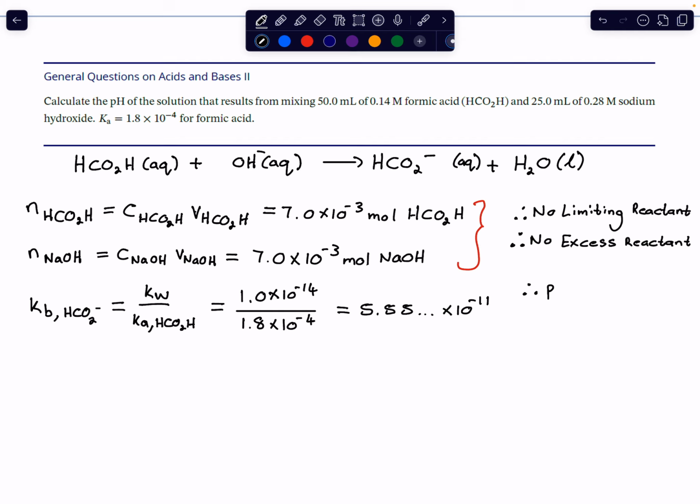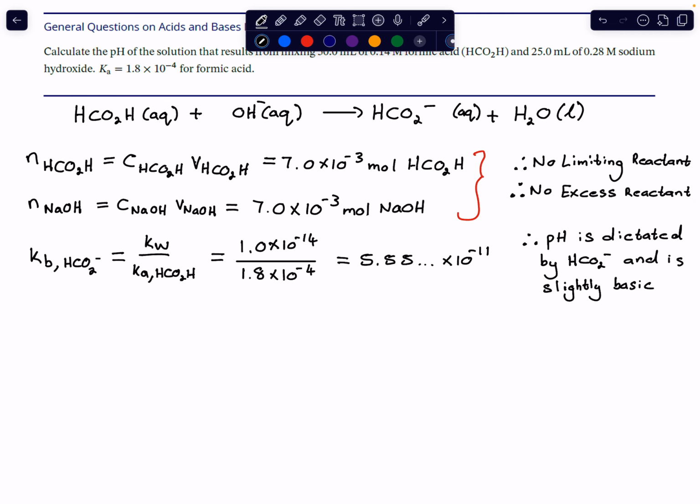Therefore, the pH is dictated by the formate anion and is slightly basic, right? Because it has a Kb value. Very small Kb value, but expected to be slightly basic. And slightly basic according to the following equilibrium.